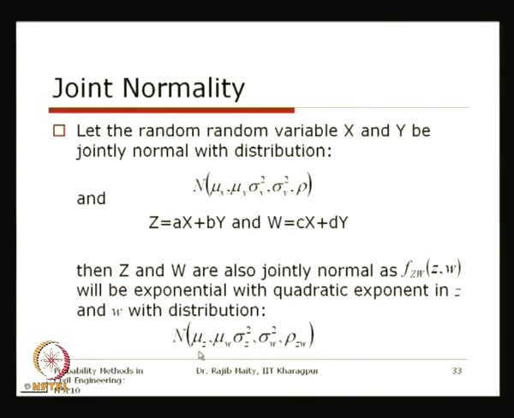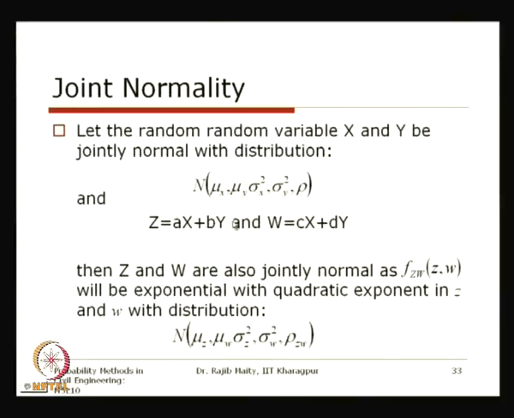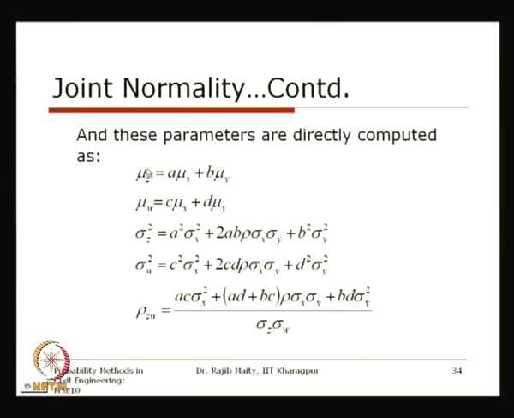And to know what mu z and mu w are, if we just solve this, we can say that mu z equals a mu x plus b mu y. You can see the way we are adding it, it is very easy to remember: a multiplied by the mean of x, and b multiplied by the mean of y. So you are basically taking the expectation of both sides. Similarly, this is the mean of w, and this is sigma z square.